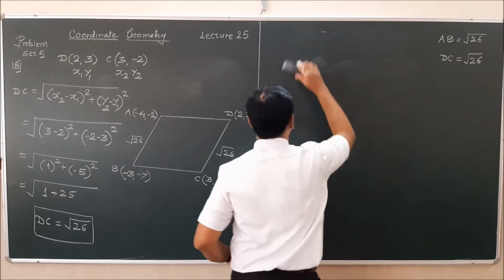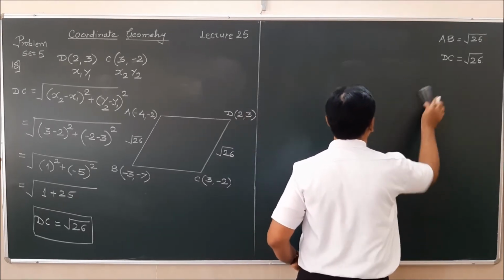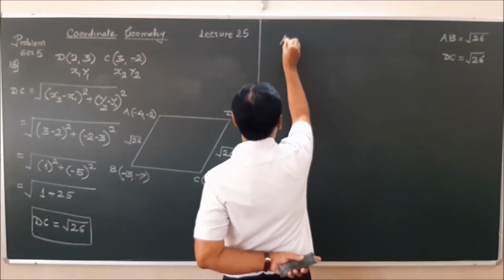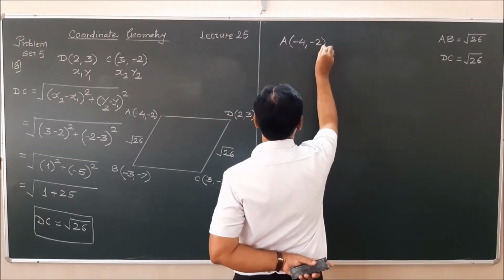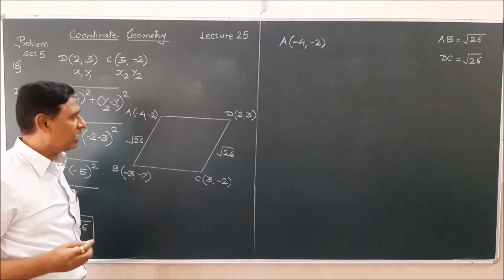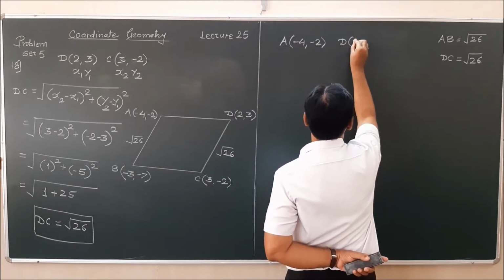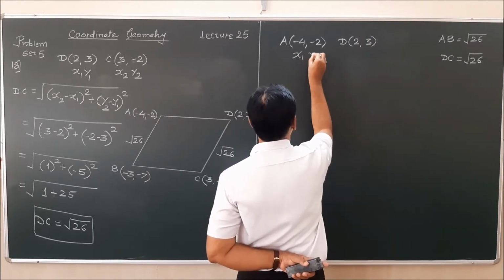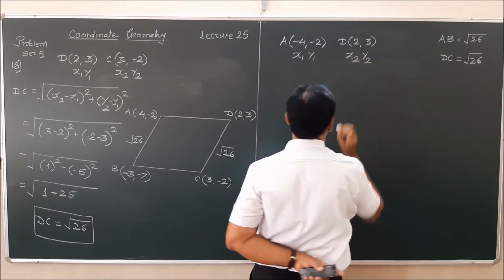AD is equal to, the coordinates of A are minus 4, minus 2, while those of D are 2, 3. Label them the same way, x1, y1, and here we label them as x2, y2.